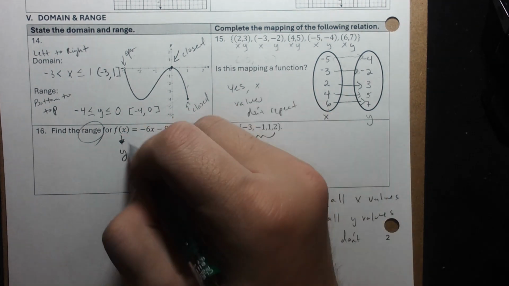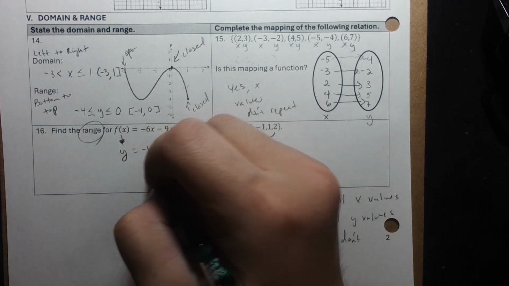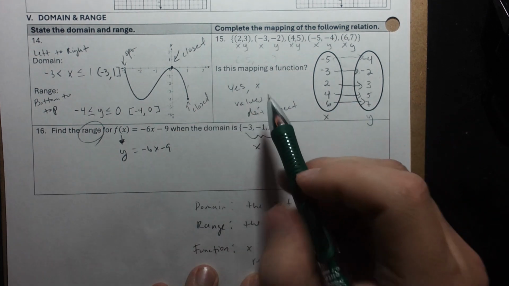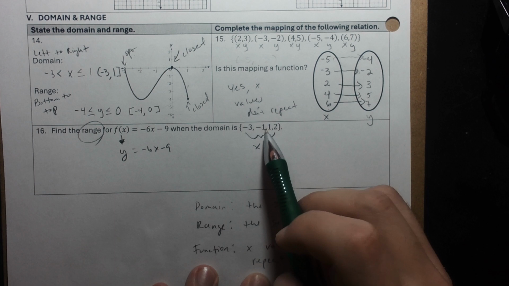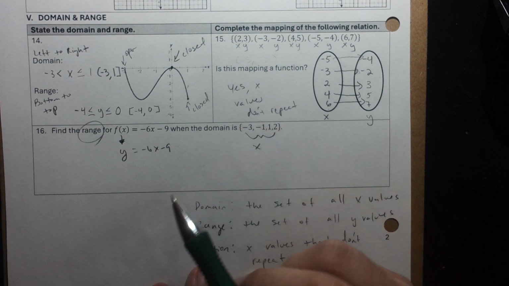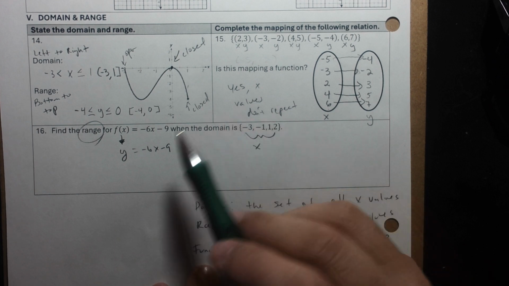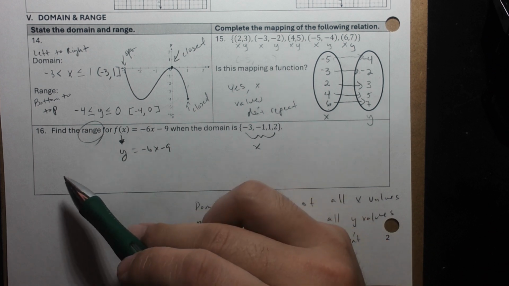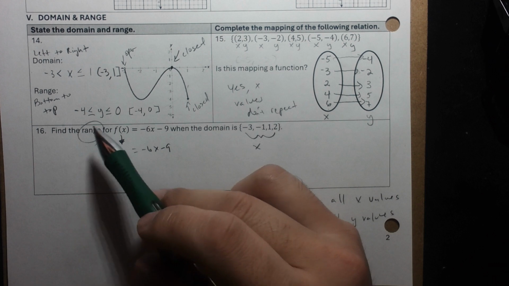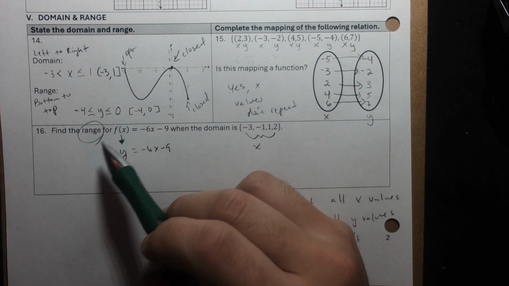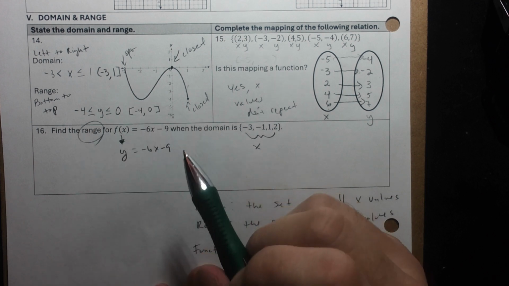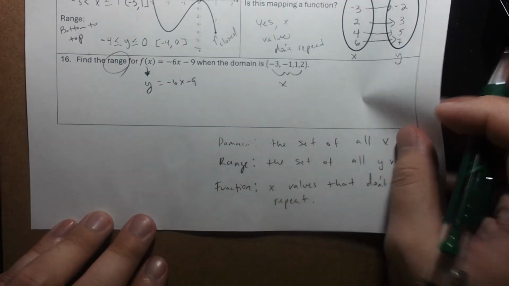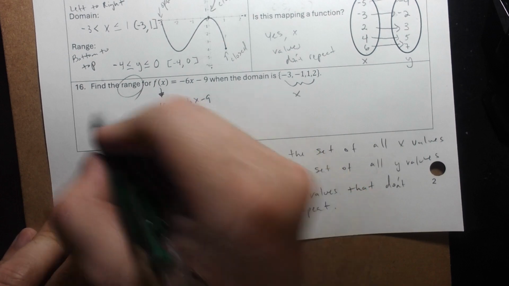So y is equal to -6x minus 9. All I need to do is replace x with each of these numbers in our domain, right? Once I input the x values, it's going to spit out the y values, which will be part of our range, okay? So let's go ahead and start plugging things in.